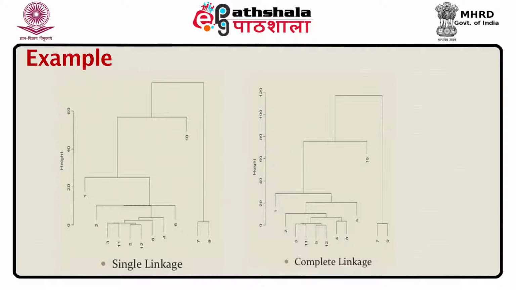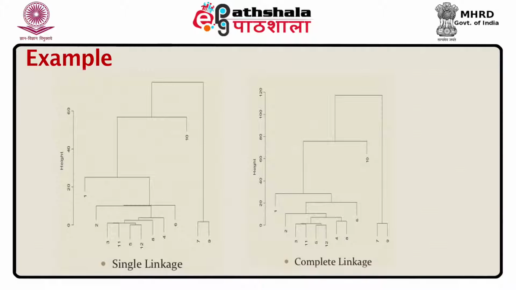One other aspect that you would notice here is the height of the dendrogram. Now, the height of the dendrogram is defined by the height at which each cluster merges. The height is given by the minimum distance at which they merge.